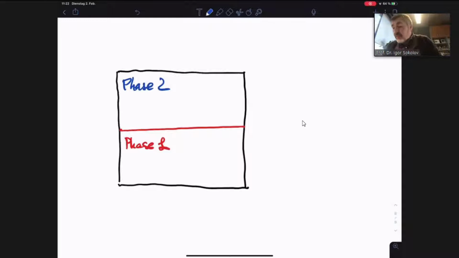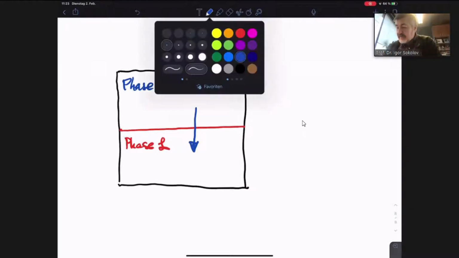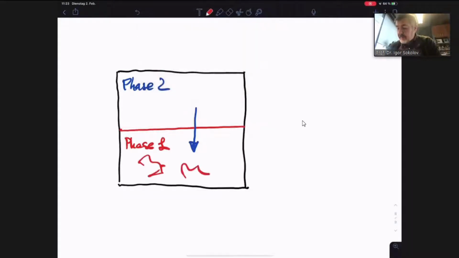Now, what are the conserved quantities here? The conserved quantity is the total number of molecules, both the polymer molecules and the solvent molecules. So if some molecules travel, for example, here I have a polymer poor phase, from this upper part into the lower part. And here I have a polymer rich phase. So here I have many molecules. And here I have only few.